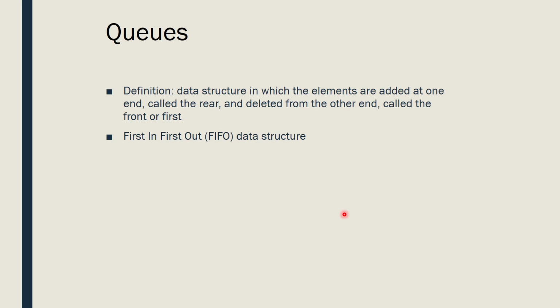And the item to be deleted or removed from the queue is from the beginning, or from the front. So this is called the FIFO data structure, wherein the first in, first out basis is used for queues. It is the same as when you are falling in line at the cashier to pay for something.